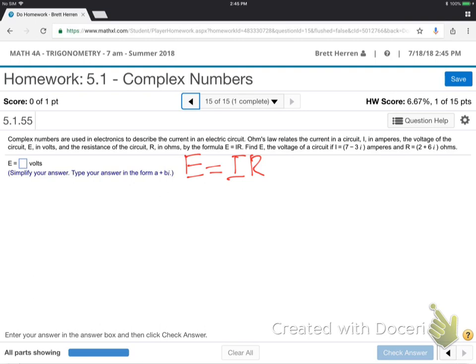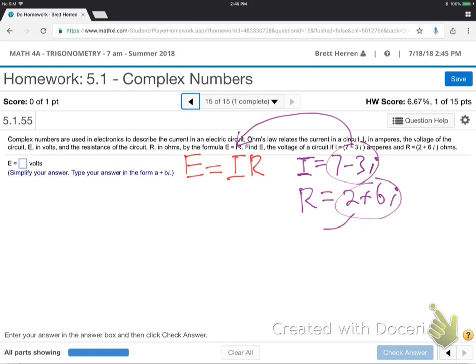And then they're telling me to change that up. I is 7 minus 3I, and R is 2 plus 6I. I'm going to take that and plug it in for I. Take that and plug it in for R. Does that make sense there? I'm plugging in I and R.